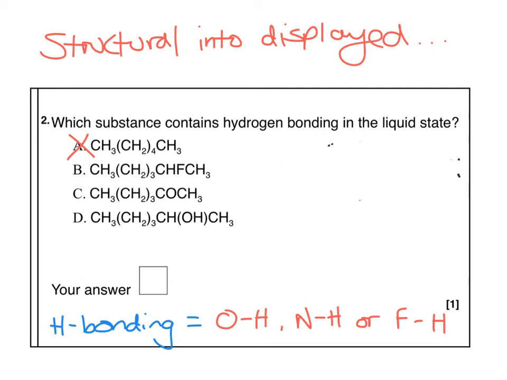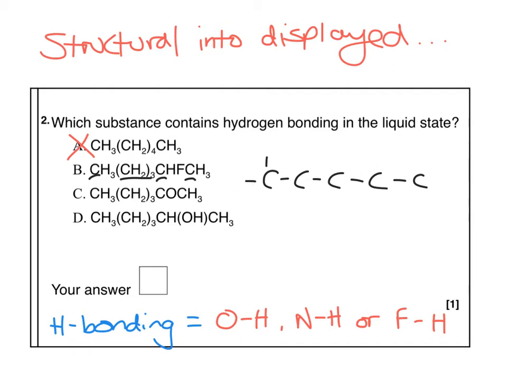Right, next one, B. With B, again, we've got 1 carbon there, and 3 carbons mentioned there, 4 and 5. So we've got 1, 2, 3, 4, 5.